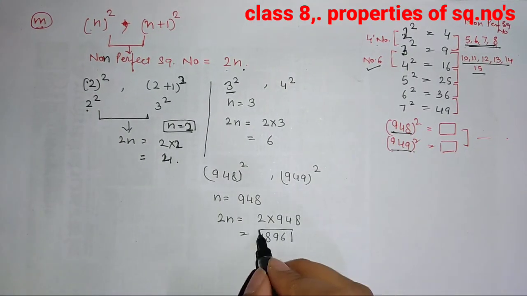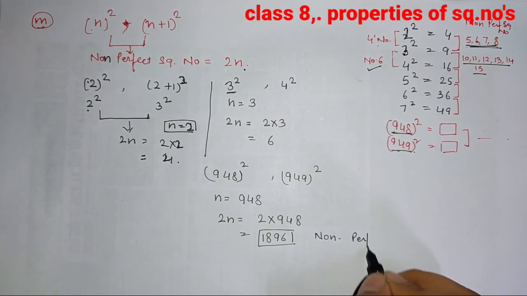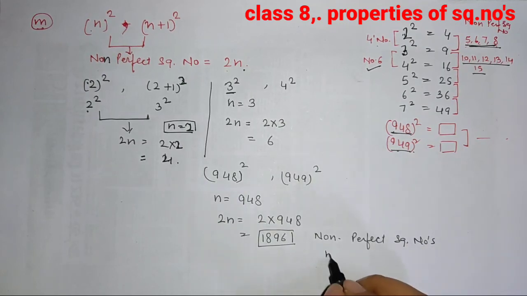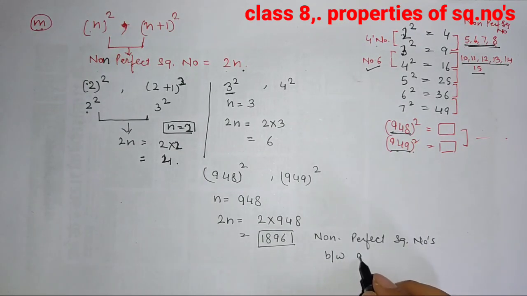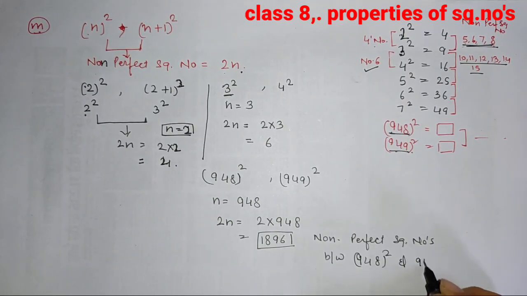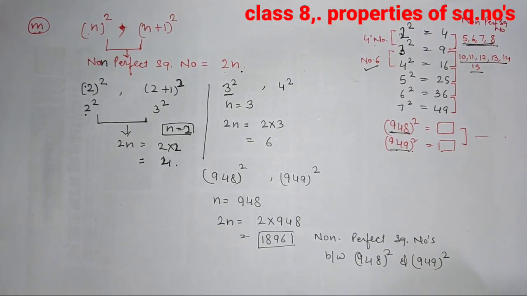These are the non perfect square numbers between 948 square and 949 square. Okay, thank you.